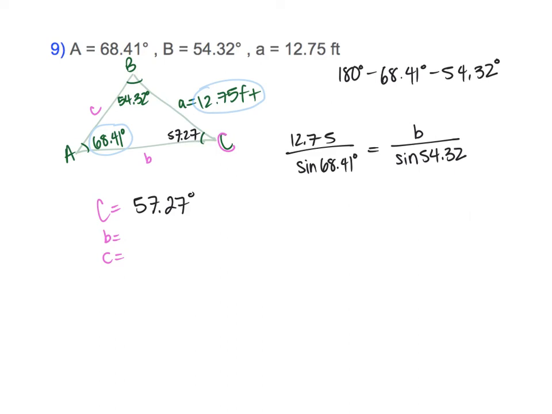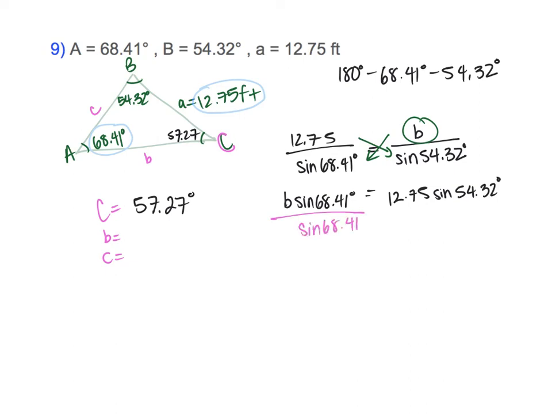Well, before I use my calculator, I need to cross multiply so I can get the b by itself. So this gives me 12.75 sine of 54.32 degrees. I forgot my degree sign. And then this would be b sine of 68.41 degrees. Then I just have to divide off this sine of 68.41 so that I can isolate b.